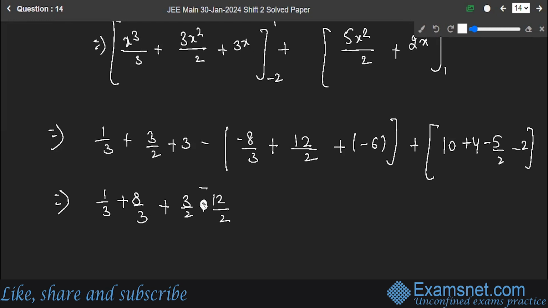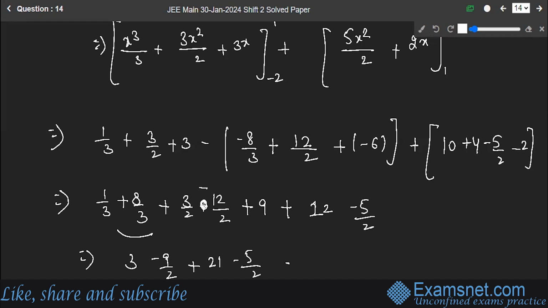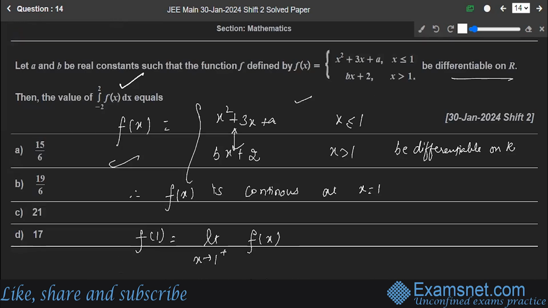Now plus 3 plus 6, which is 9, plus 12 minus 5 by 2. This will give me 3, and this will give me -9 by 2 plus 21 minus 5 by 2, 24 minus 7, that is equal to 17. So this is the answer to the question.